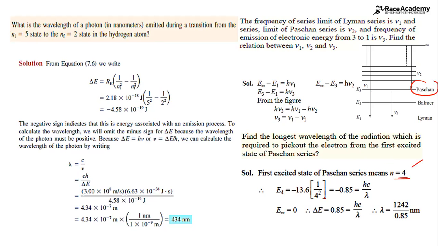So that is taken in the energy formula: E4 is equal to minus 13.6 into 1 by 4 square, which is 0.85 eV, equated to hc by lambda. Using the energy and lambda relation, the value is 1242 by 0.85 nanometers. This simplification will give the answer.